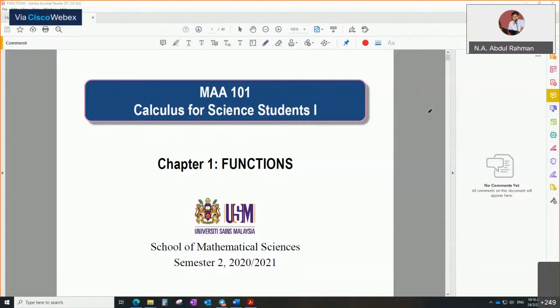Even if you go to MRSM, for example, functions have been taught to Form 4 students. And of course, in STPM and matriculation, you have learned about functions. So we will go through and try to see whether the understanding that we have acquired all the years can still be related to what we have here, and maybe we try to relate it to some of the application.